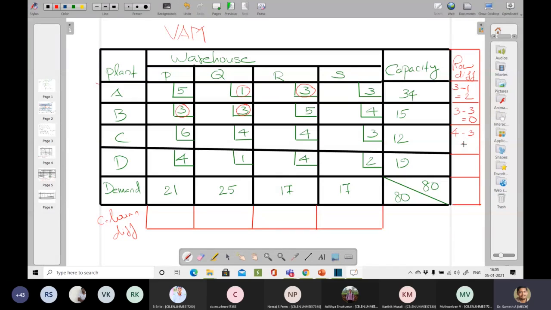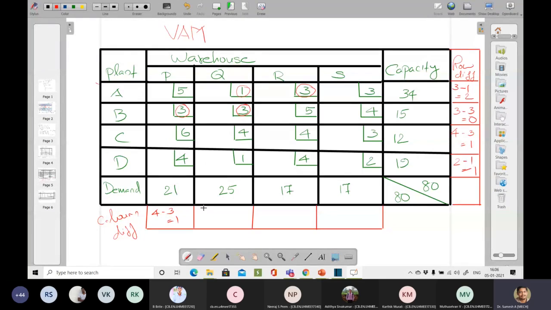Now see column wise. Here 3 and here 4, so it will be 4 minus 3, value 1. Next will be 1 minus 1 equals 0.